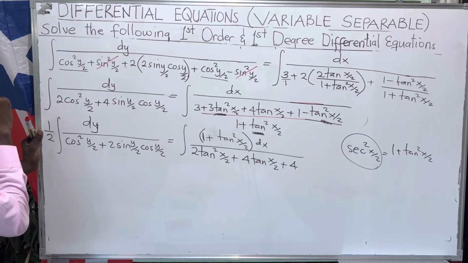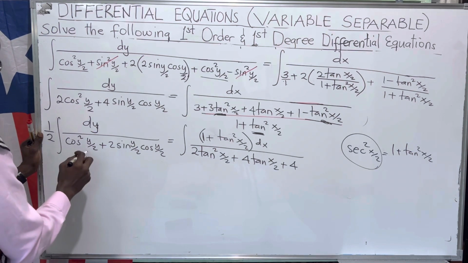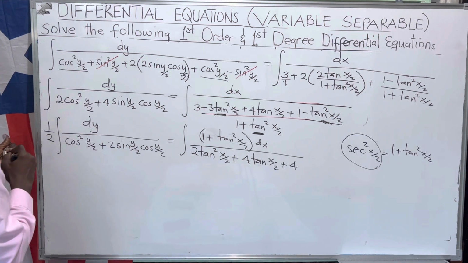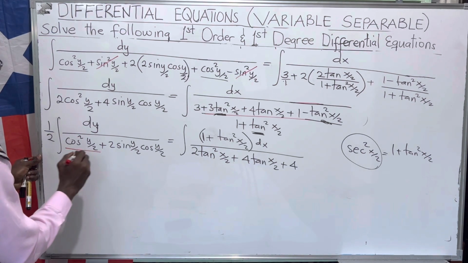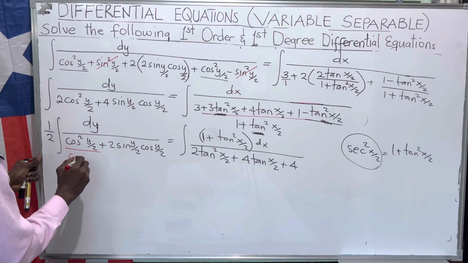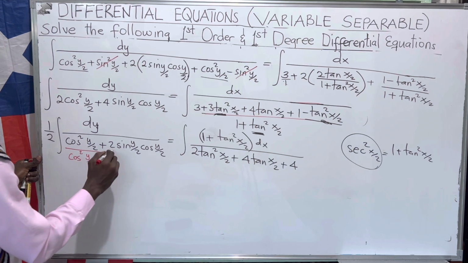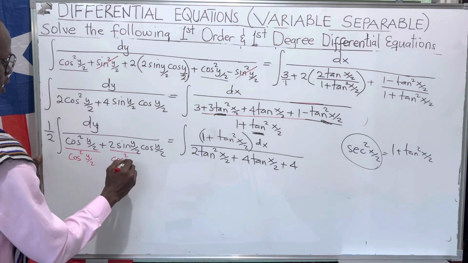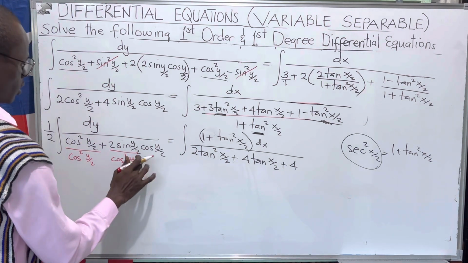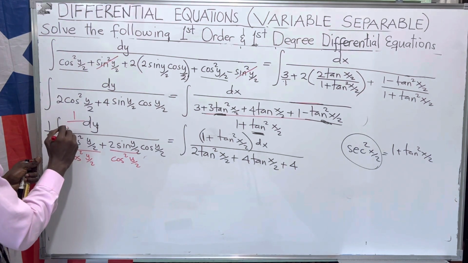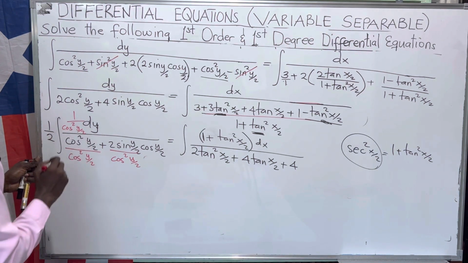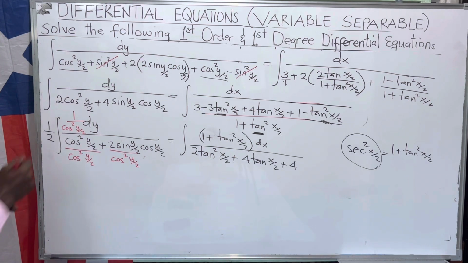Likewise with this one, we divide this side by cos square y over 2, and then we come up here, we say cos square y over 2. We have not changed anything in the problem, because just look here.